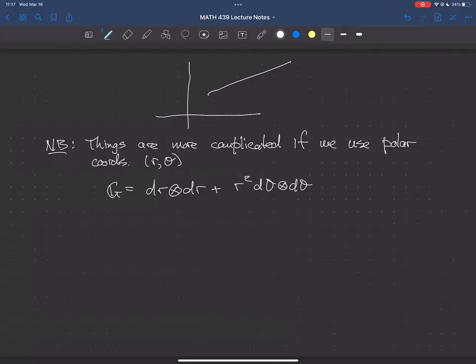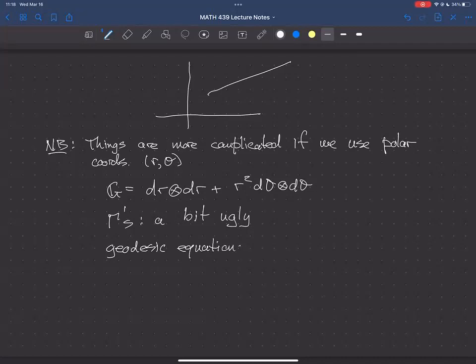And like I said, Henry's going to work this out in the tutorial. The Christoffel symbols are not too bad, but I would say they fall in the category of a bit ugly. In particular, they're not 0. And the geodesic equations are unrecognizable.